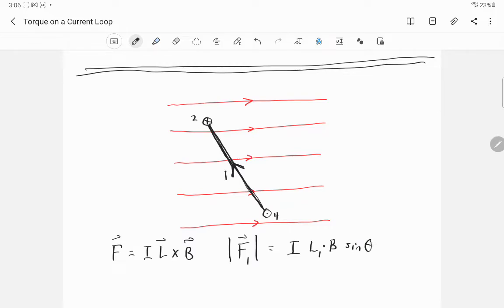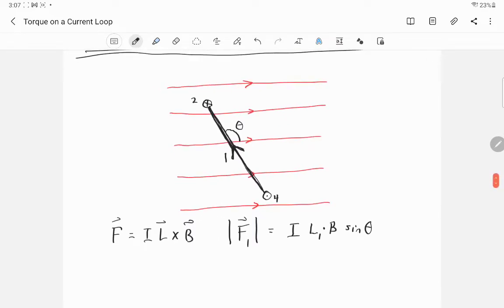The angle between the directions of L and B: L is up towards the left and B is towards the right. So the angle theta that we're talking about is actually that angle, and I've labeled it there.